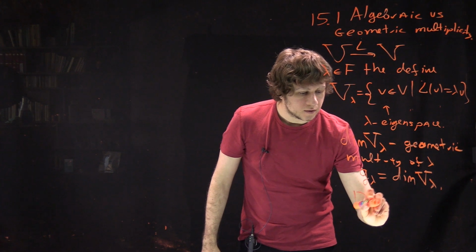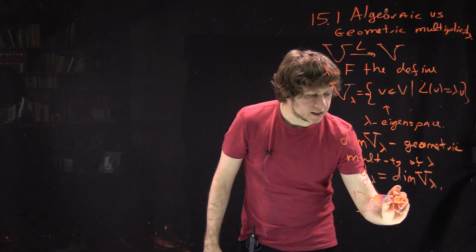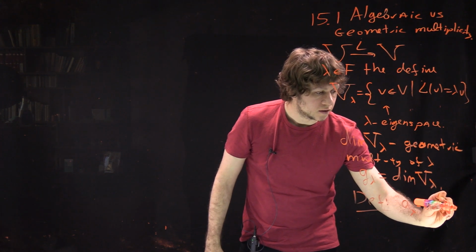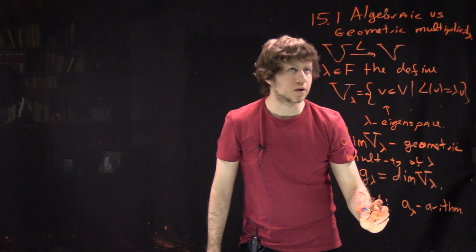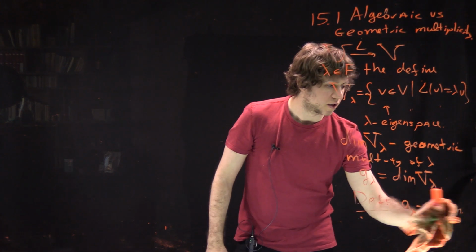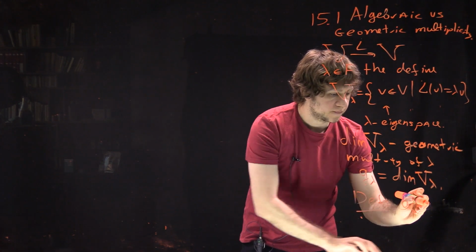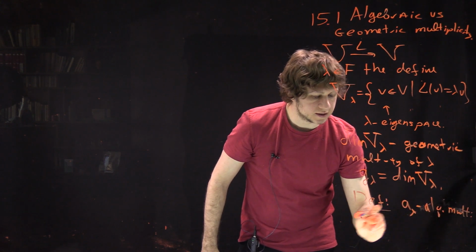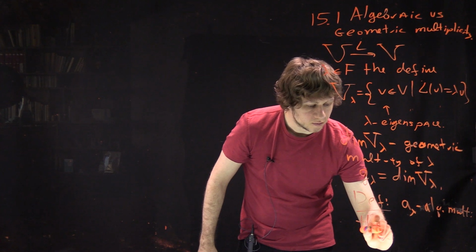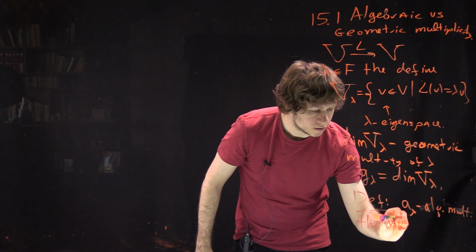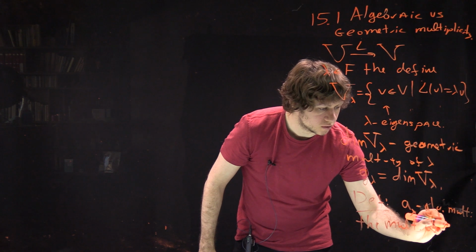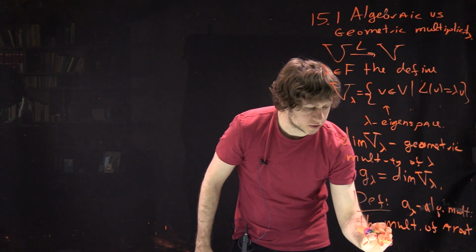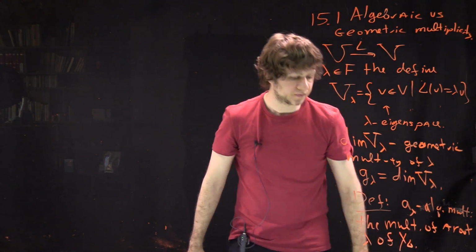Definition: A sub lambda, which is also called algebraic multiplicity, is the multiplicity of a root lambda of the characteristic polynomial chi sub L.